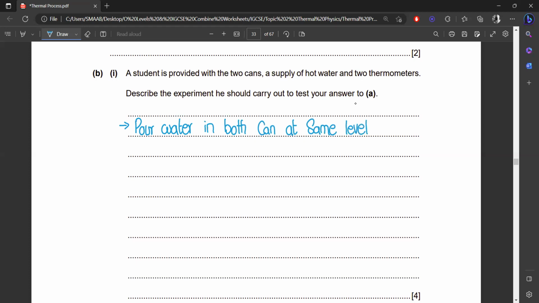So now an equal amount of thermal energy is provided to the cans, to the polished side and to the black side. Then what will be the next step? We measure the temperature using the thermometer. Yes, and measure the initial temperature with the help of the thermometer.